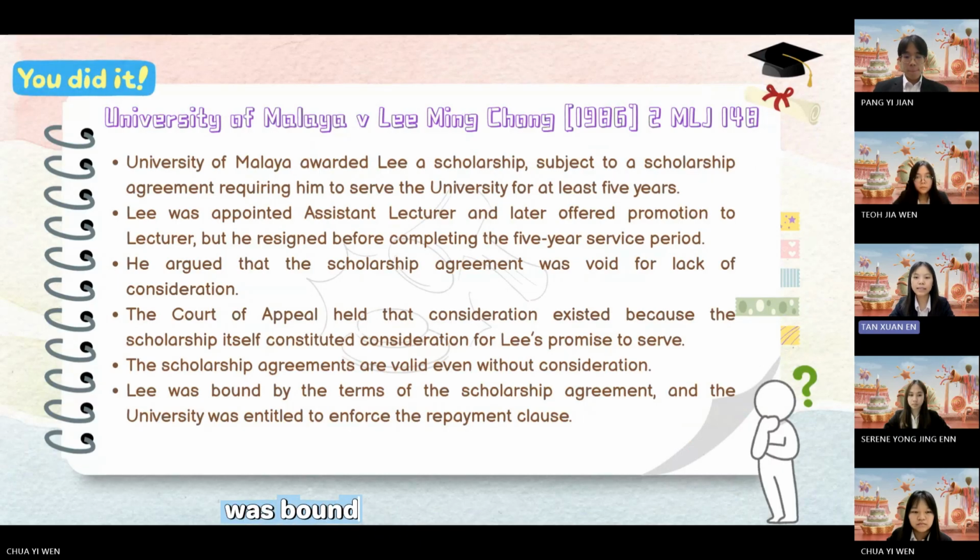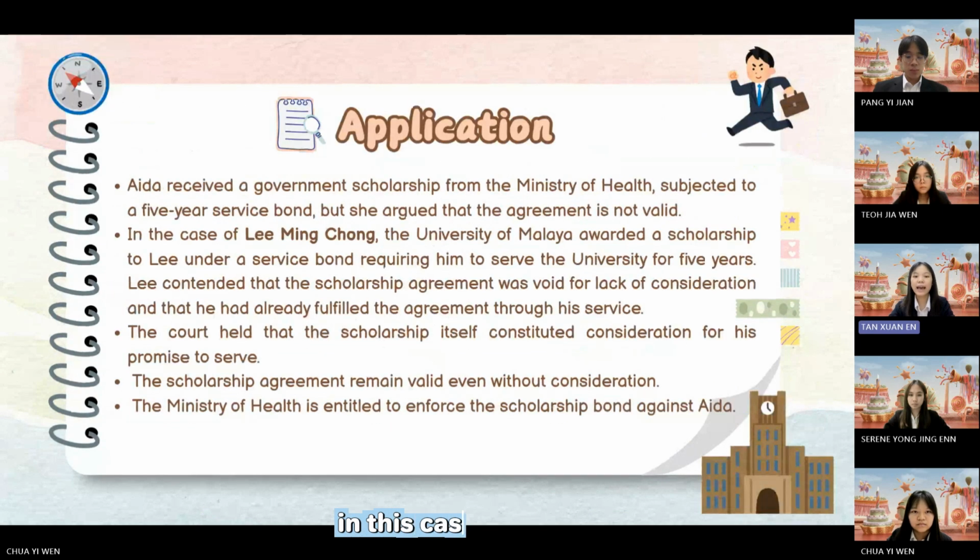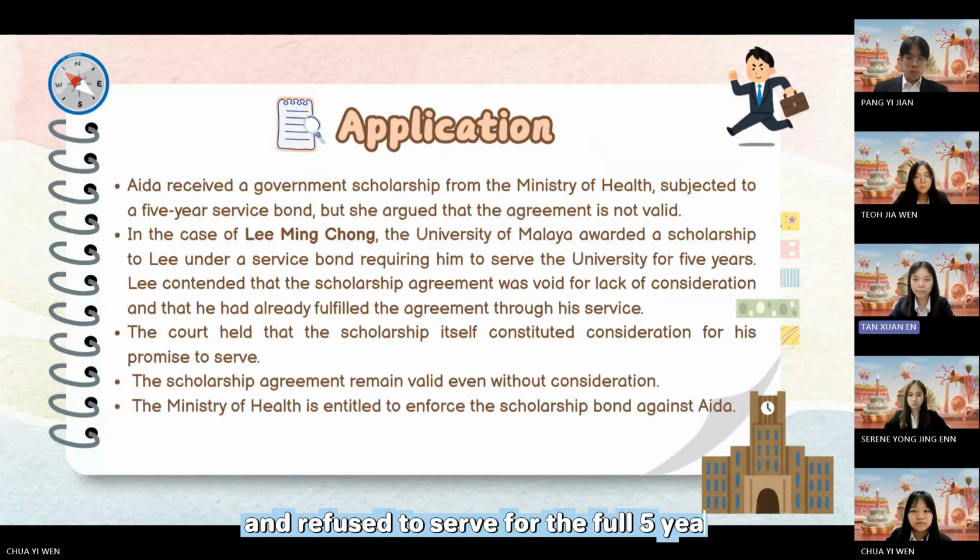Consequently, Lee was bound by the terms of the scholarship agreement and the university was entitled to enforce the repayment clause. Based on the facts of this case, IDA received a government scholarship from the Ministry of Health to pursue full-time law study, and she was subjected to a 5-year service bond, but she argued that the agreement is not valid due to the absence of consideration on her part and refused to serve for the full 5 years.